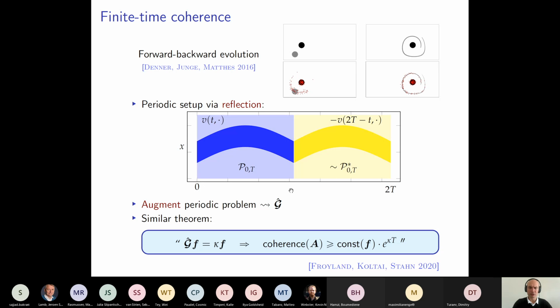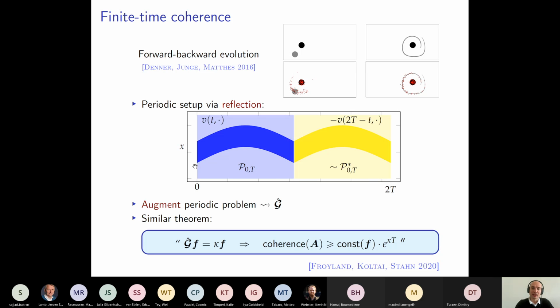Capital T is tau here. That's the blue part. And then just flip everything, time, and copy, actually using the reflection map 2 tau minus t. And since we are moving backwards now, the velocity field gets a minus in front.